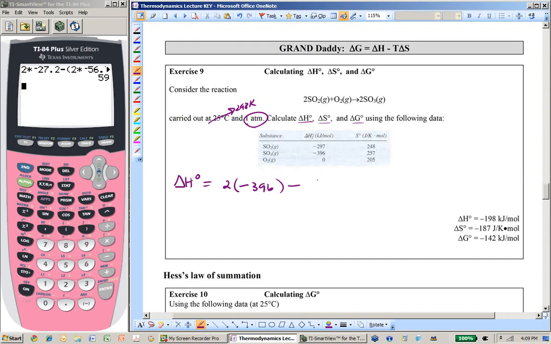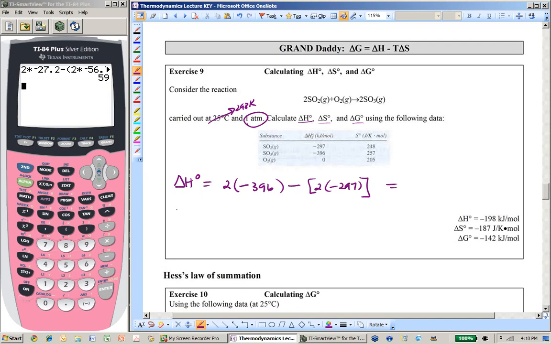Minus, and I only have one entity here, 2 times, what's SO2's value? SO2, make sure you get the H. Brain saw the H, said hydrogen. Negative 297 plus 0, because the oxygen's 0. All right, I'll crunch that in a minute.